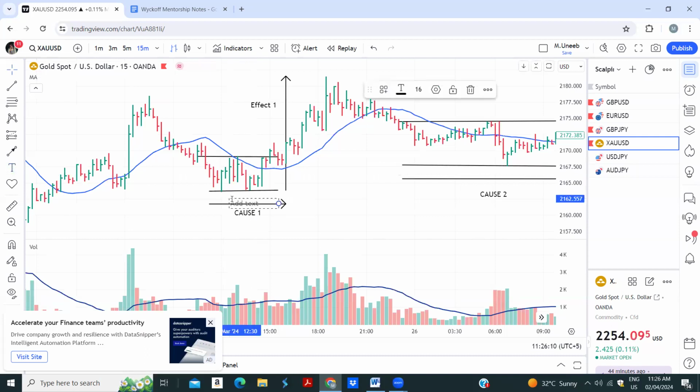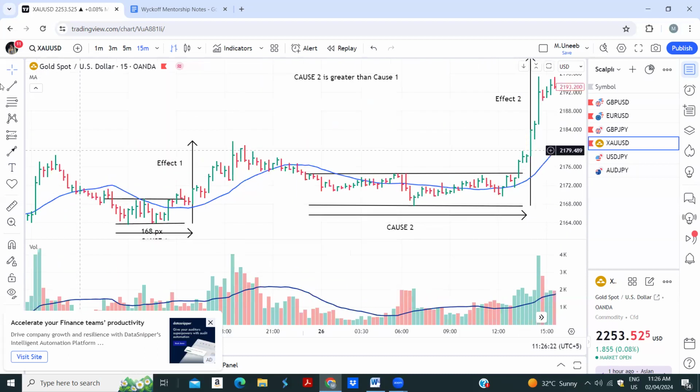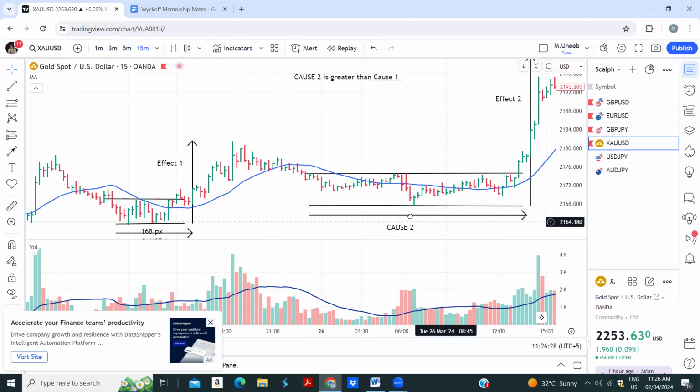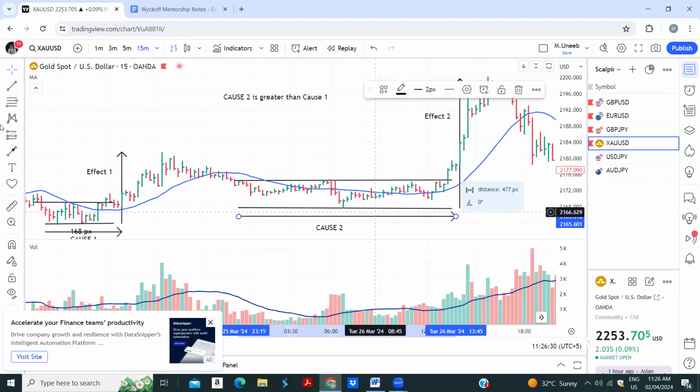We will just write down the distance, the magnitude of the effect and cause, for our own understanding. And here, this one is 447 px.